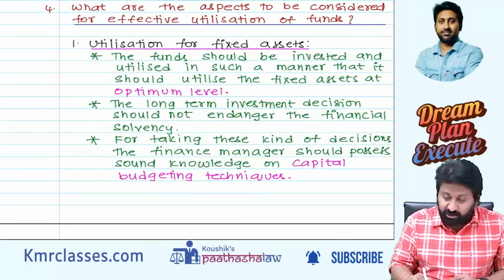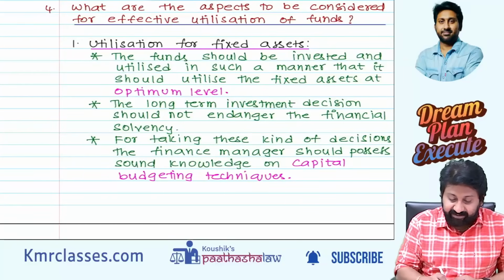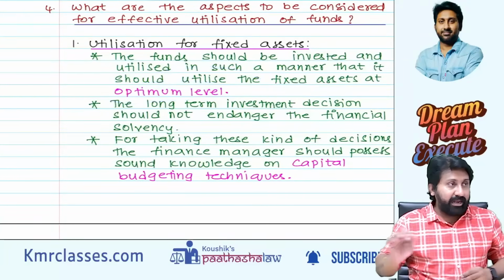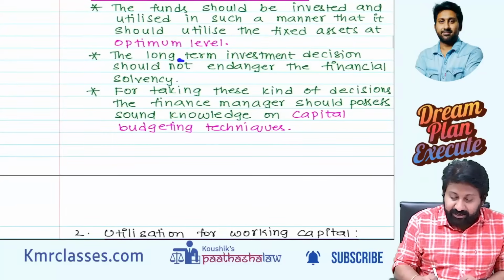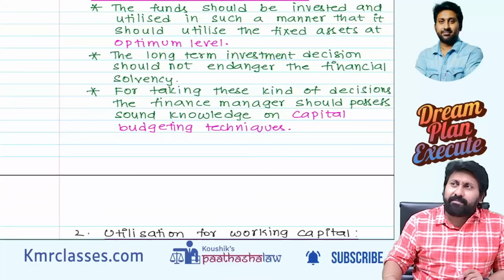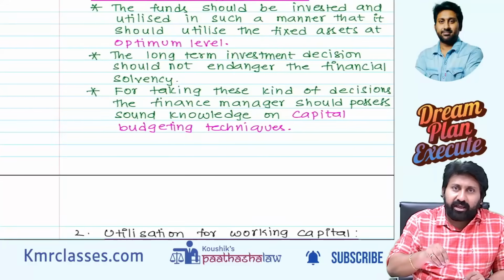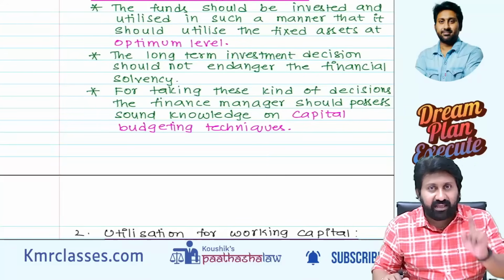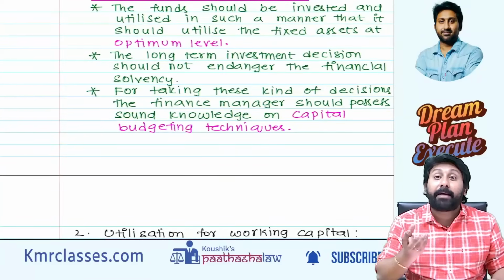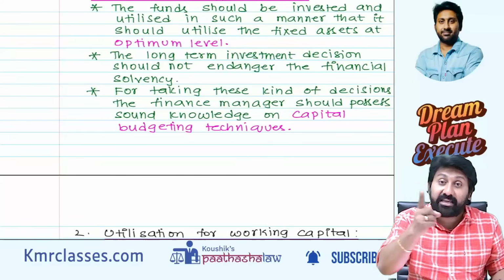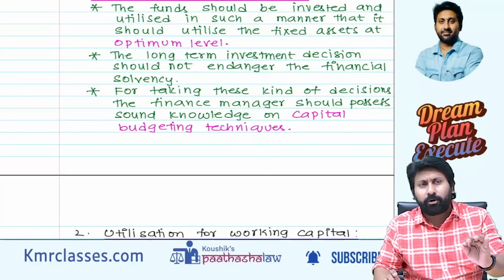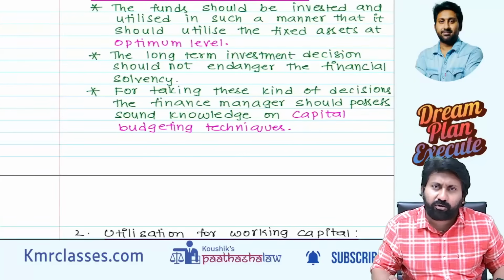So the funds should be invested and utilized in such a way that the fixed assets are utilized at optimum level. Next, long-term investment decision means that just because you have money today, you should not go on investing in assets unnecessarily. For example, there is a machine with a capacity to produce 1 lakh units in a year. My target is to produce 2 lakh units. What you have to do? Purchase 2 machines.